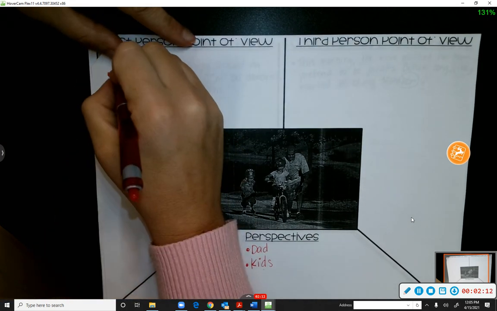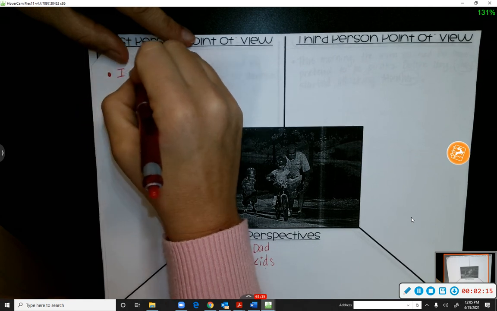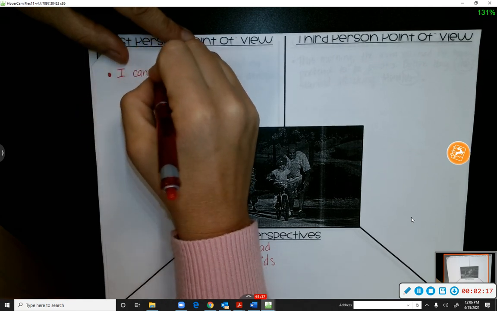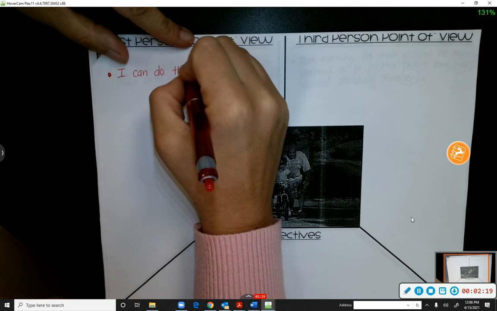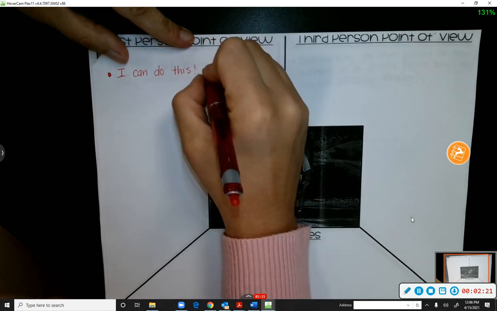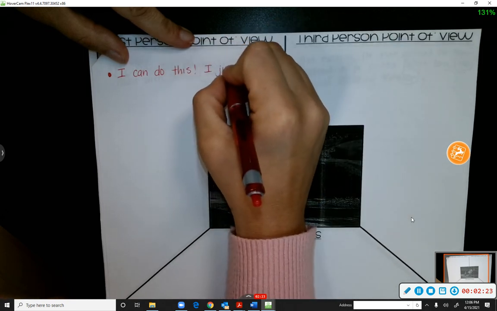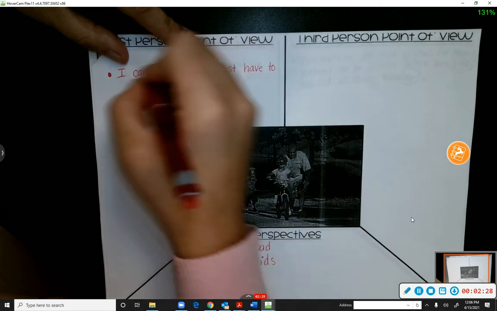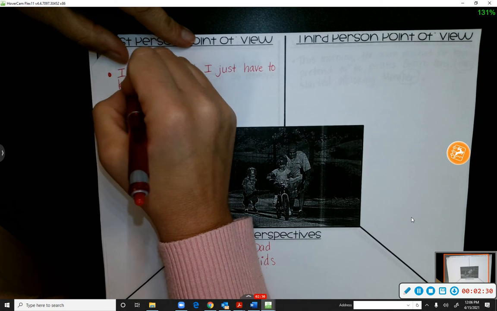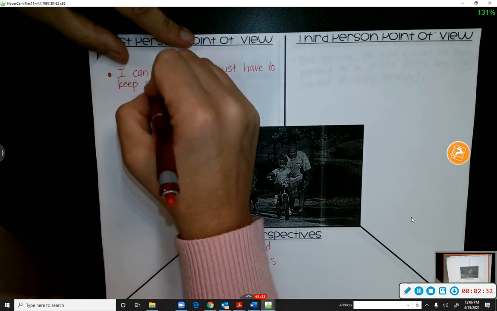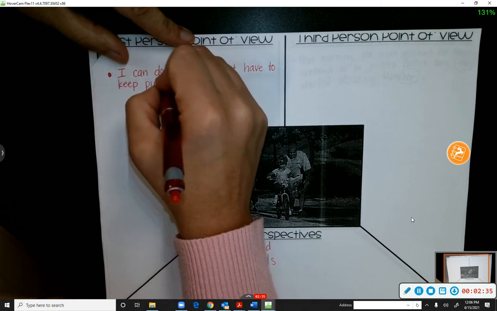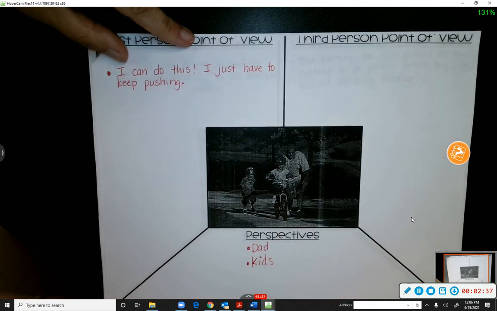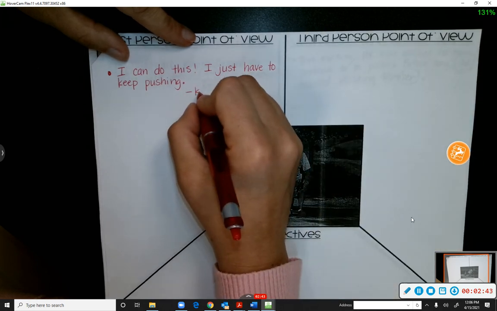Okay, good. I can do this. I just have to keep pedaling, pushing. Okay, so that's from the kid's perspective.